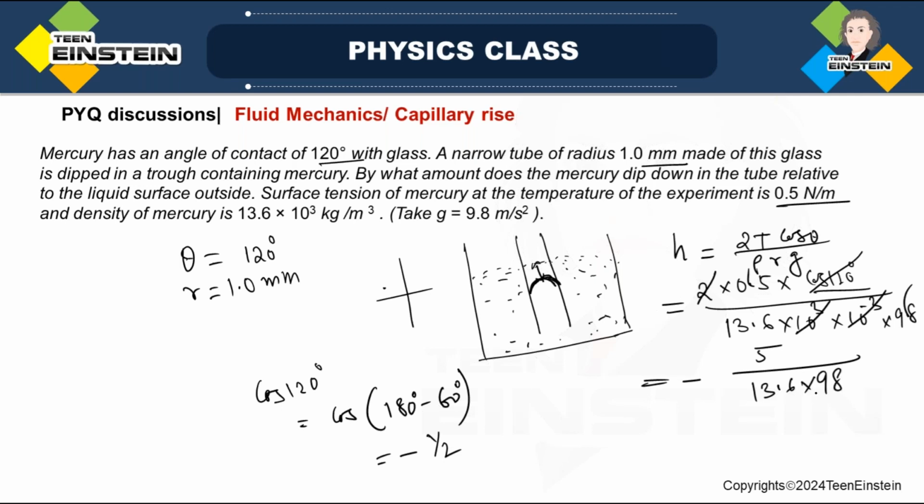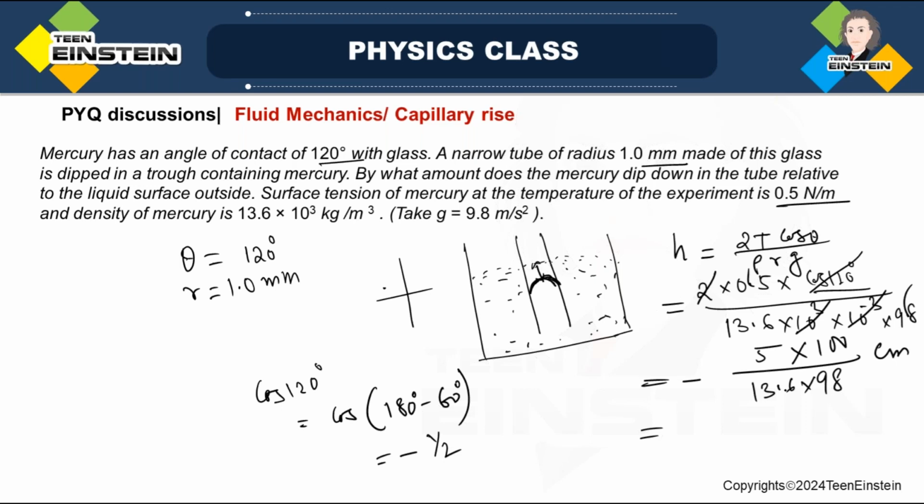For the sake of calculation, I'll take the unit in centimeter, so I multiply by 100. If we approximately take this as 100, these two will cancel each other, so 50 by this.